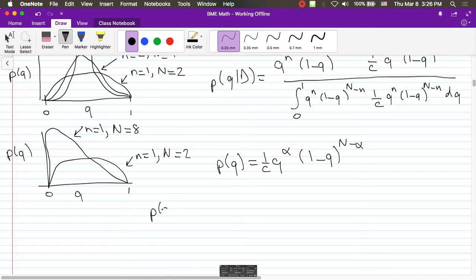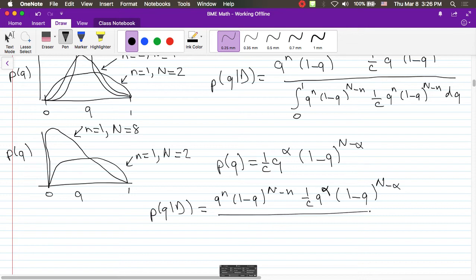So P of q given data is going to be the likelihood, q^n (1 minus q)^(N minus n), times my prior, 1 over c, q^alpha (1 minus q)^(N minus alpha), divided by some constant.